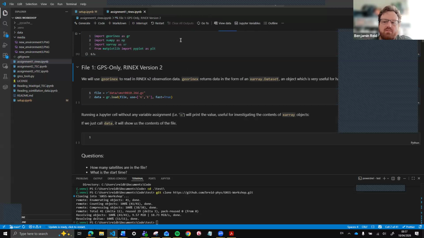Which always takes a little bit of time, especially on this computer, I find. We will actually load the data in.